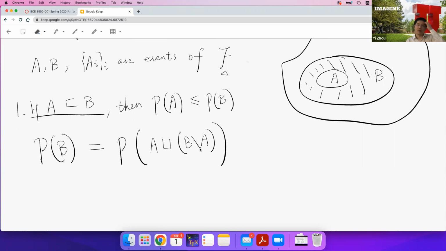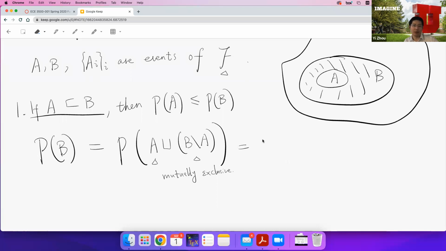B minus A denotes this shadow part, event B excluding event A. So it's A union with this shadow part, and apparently these 2 are mutually exclusive, because this part has already excluded A, so they have no intersection with each other.